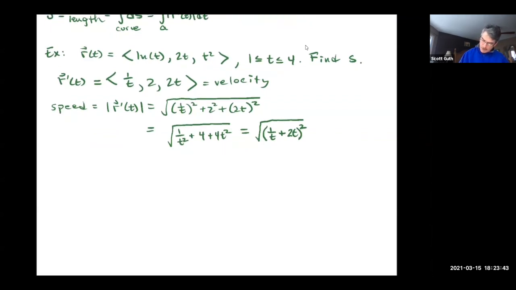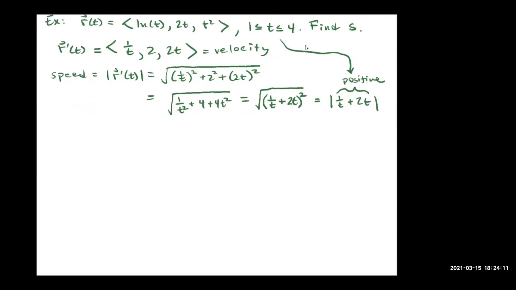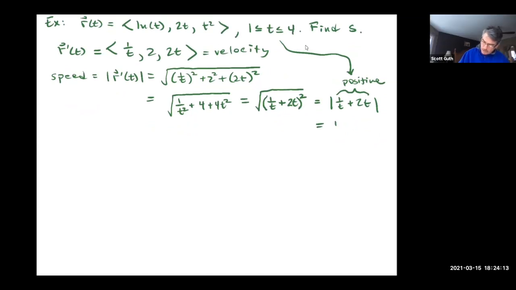And then here, we would normally say this is the absolute value of 1 over t plus 2t. But we might note that this is positive since t is between 1 and 4. So we can drop the absolute values. Okay, nothing in there could be negative. So that means this is just 1 over t plus 2t.